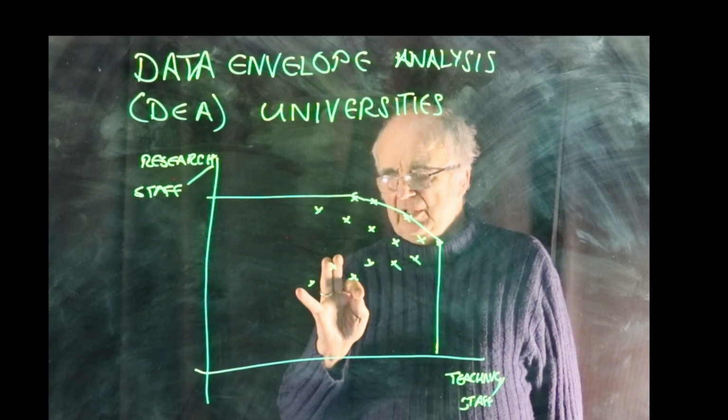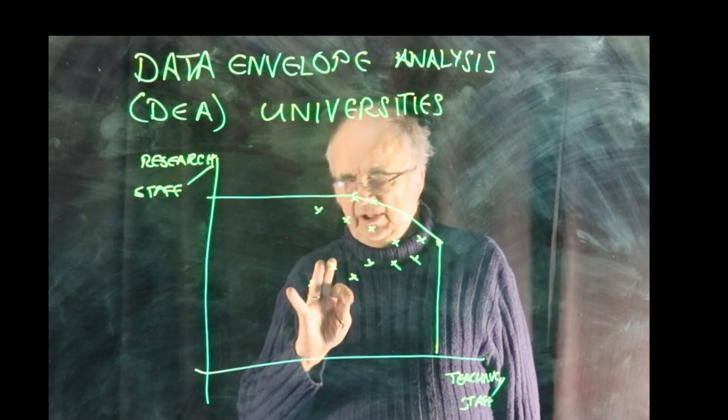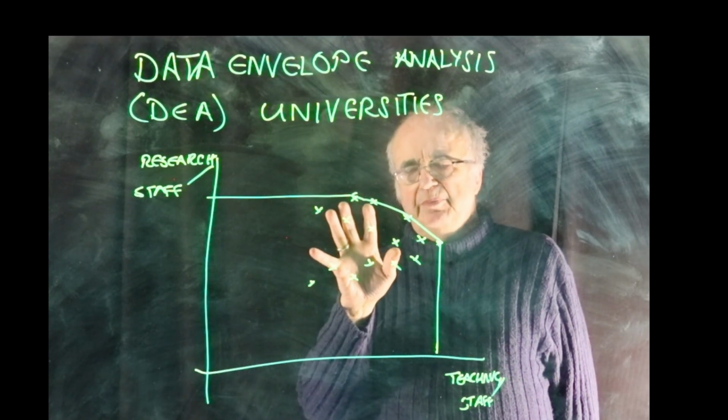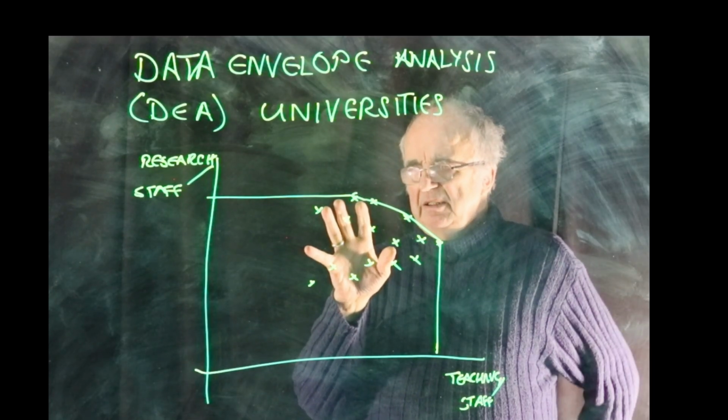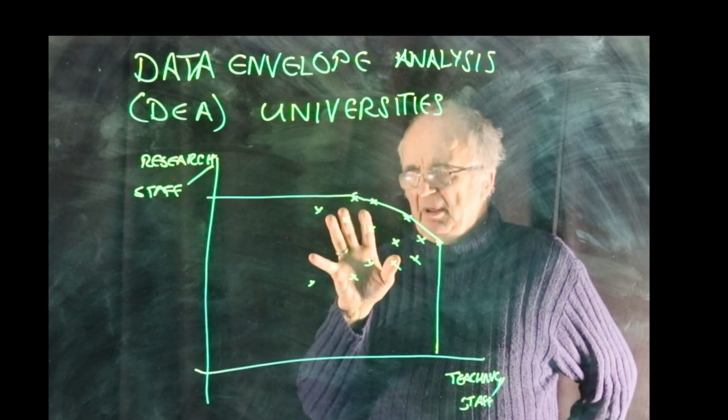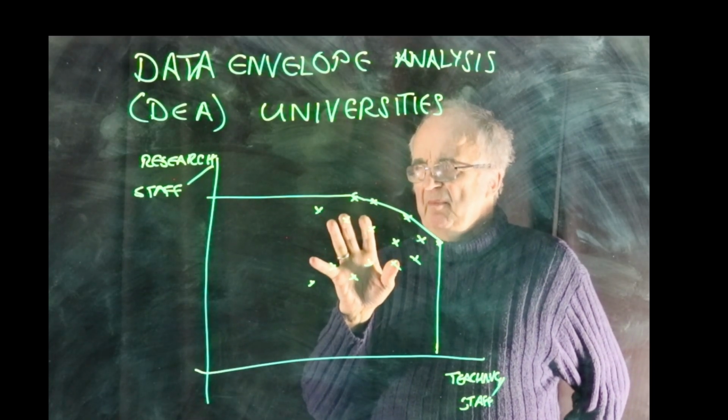If it's not close to the boundary, it will score 50. The performance will be measured by how close it is to the boundary.